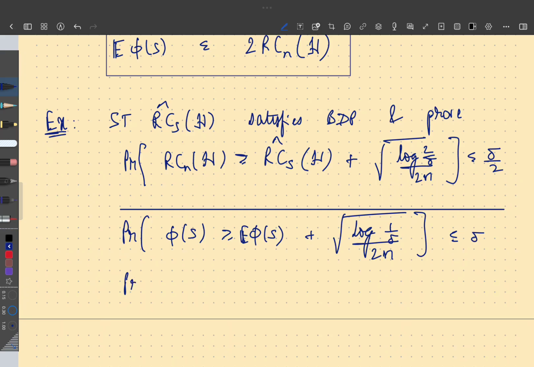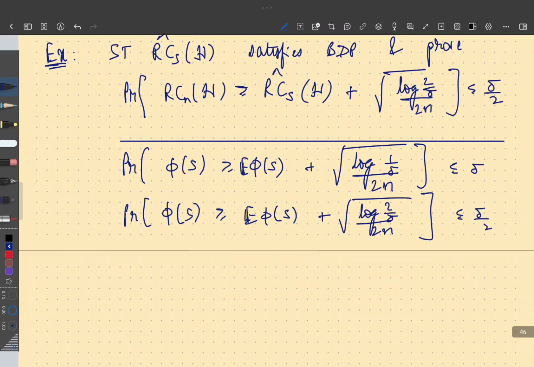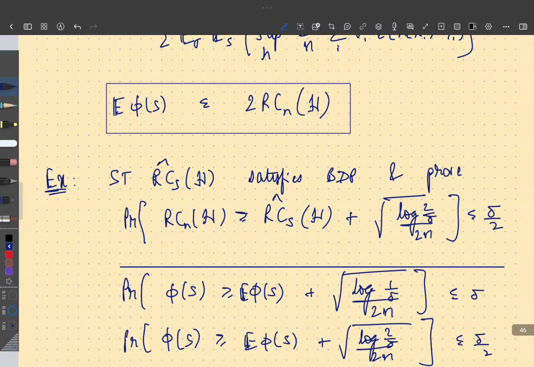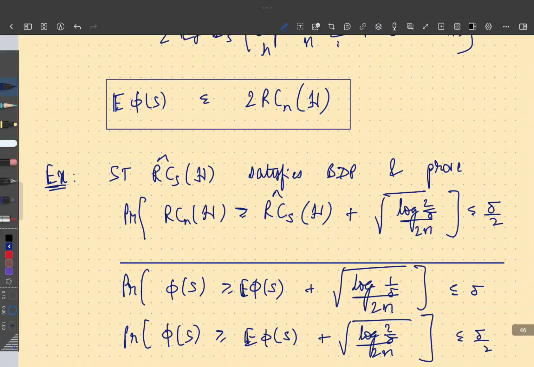Or also, the probability that phi of S is greater than or equal to expectation phi of S plus square root of log 2 over delta by 2n is less than or equal to delta by 2, right? And expectation phi of S is upper bounded by 2 times the Rademacher complexity.